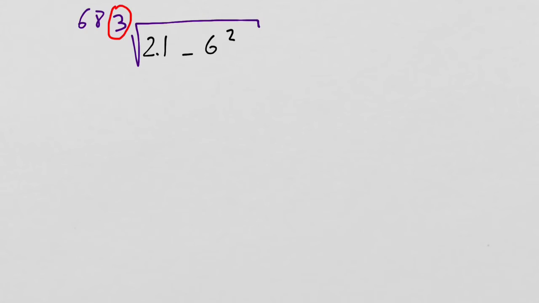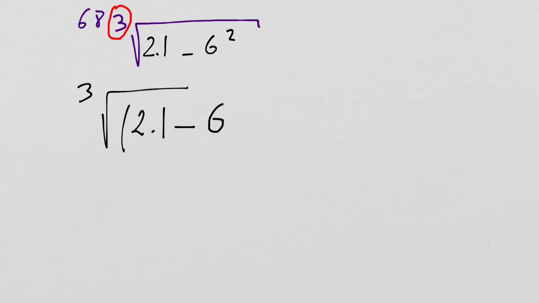Depending on the calculator you have, and the one I suggest you take, when you plug this into your calculator, you're going to see the cubic root, and right away an open parenthesis. That lets you know that you then plug in the number 2.1, subtract 6 squared. When you subtract 6 squared, it's minus 6, and then you put the square with your calculator. You're going to find the button where you can put the square.